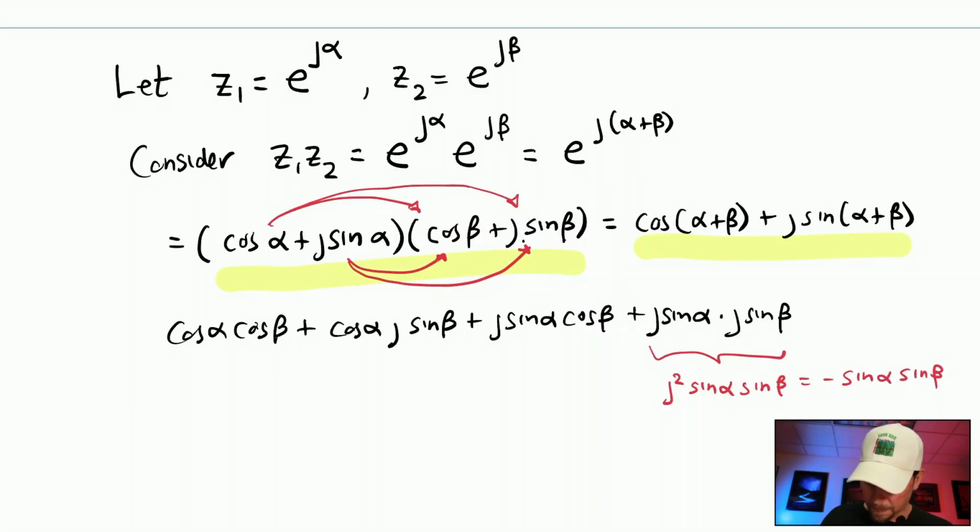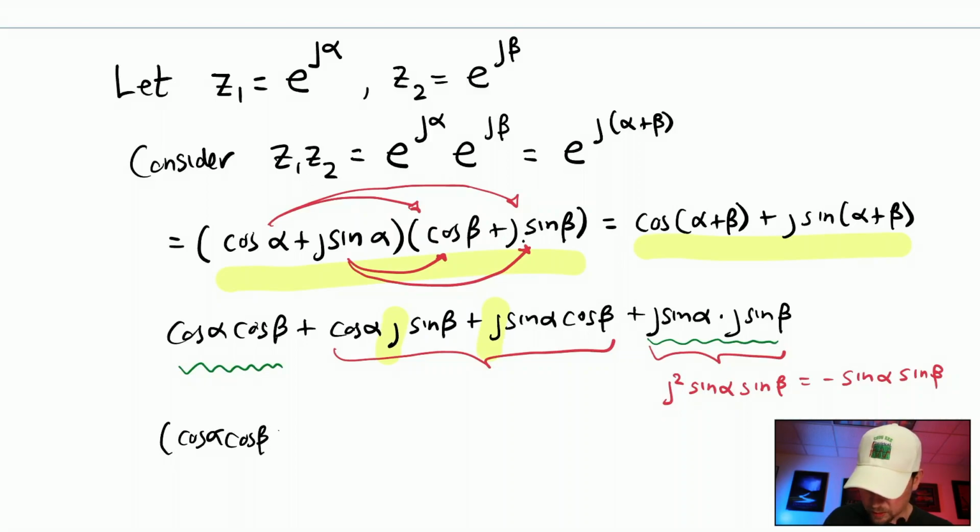On top of that, if I take a look at these 2 terms here, notice that they contain a j here and a j there in common. So what I'm going to do is I'm going to take this term, which contains no j's, and this last term, which contains no j's, I'm going to combine them together, and I can rewrite them in parentheses as cosine alpha cosine beta minus sine alpha sine beta.